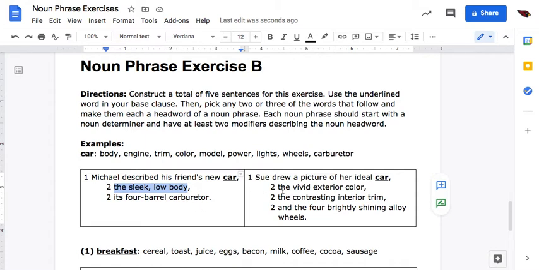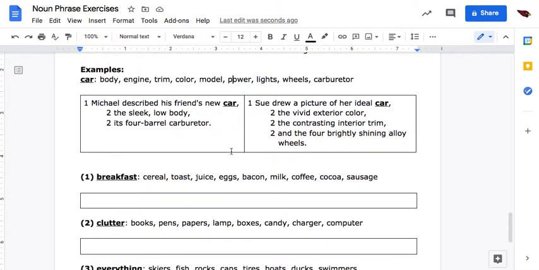You would only have to do one, but this example is offering you two, as in Sue drew a picture of her ideal car: the vivid exterior color, the contrasting interior trim, the 4 brightly shining alloy wheels, and all those things are on there. There's the wheels, there's the trim, there's the color.